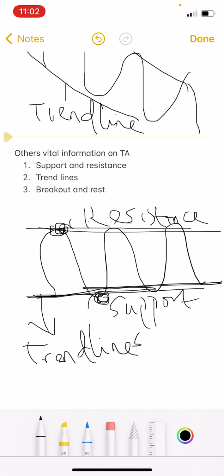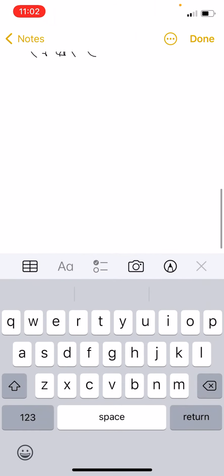Then what is the breakout and retest? Permit me to use another table to show your breakout and retest.